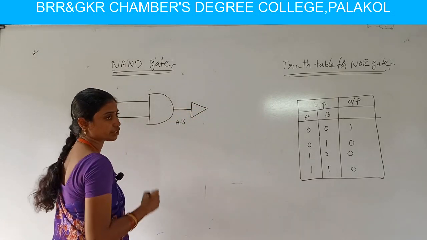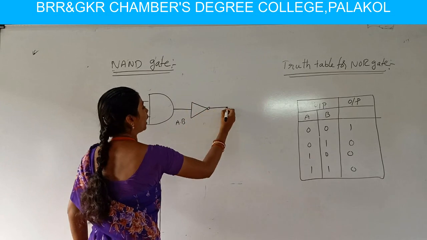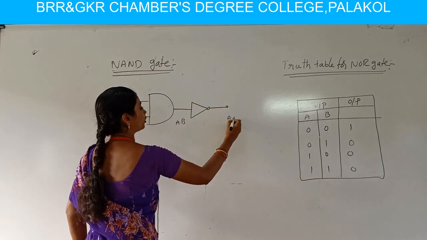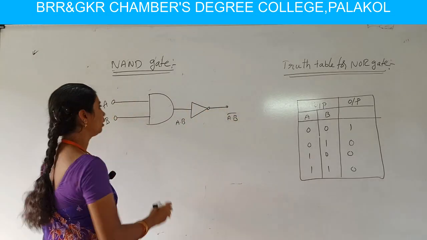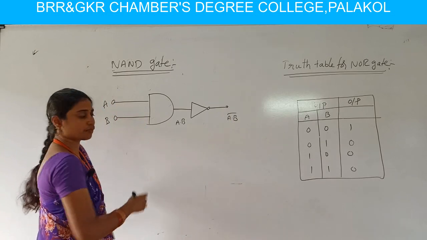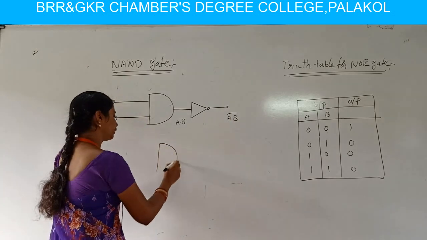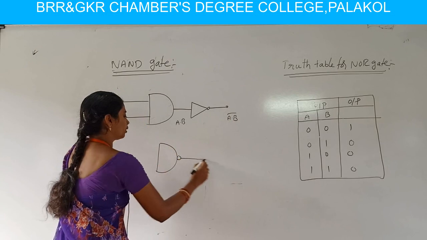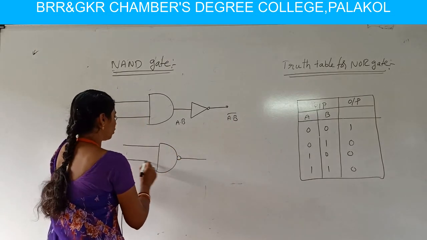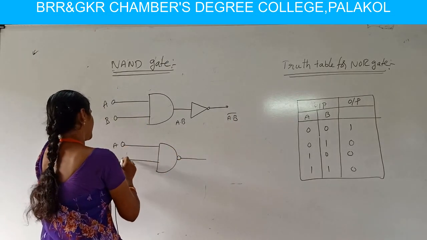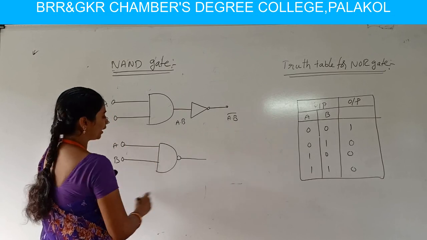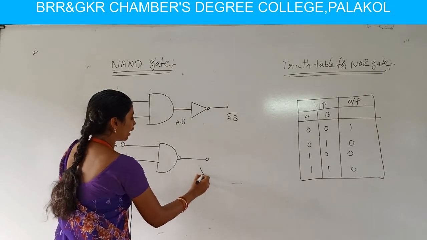This output is given as input to a NOT gate, and then we have the output A dot B whole bar. So the NAND gate symbol is AND gate followed by NOT gate, which is said to be the NAND gate.